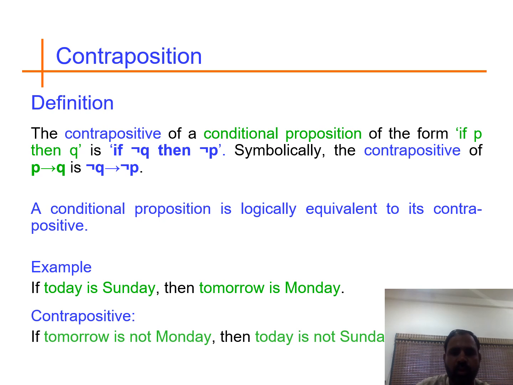If today is Sunday, then tomorrow is Monday. If tomorrow is not Monday, obviously then today is not Sunday. So we use this in programming, in different areas and different applications.